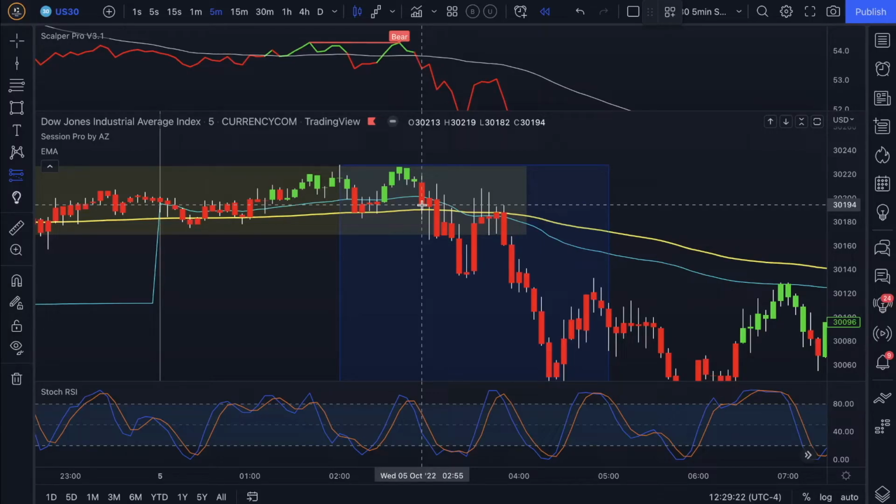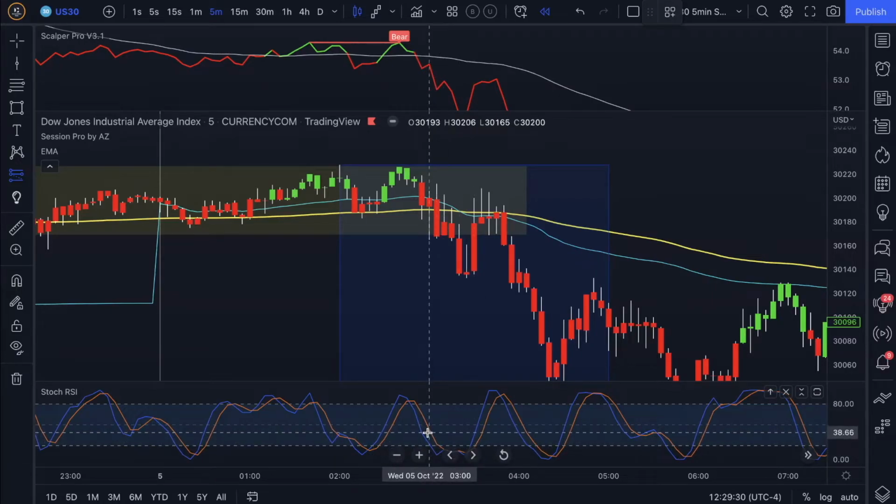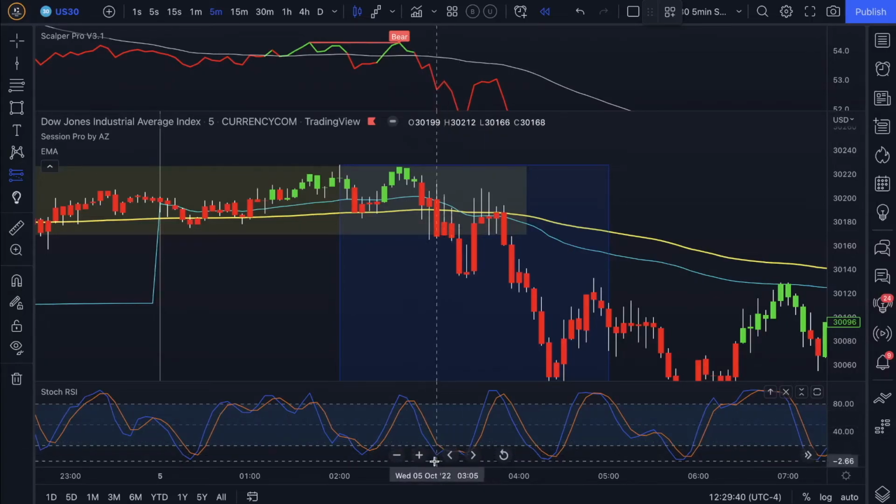The only time I wouldn't take the setup anymore is if the stochastic RSI is already in the oversold zone again. I'm not waiting longer than two candles, because I don't want to sell if price is already considered oversold by the stochastic RSI.